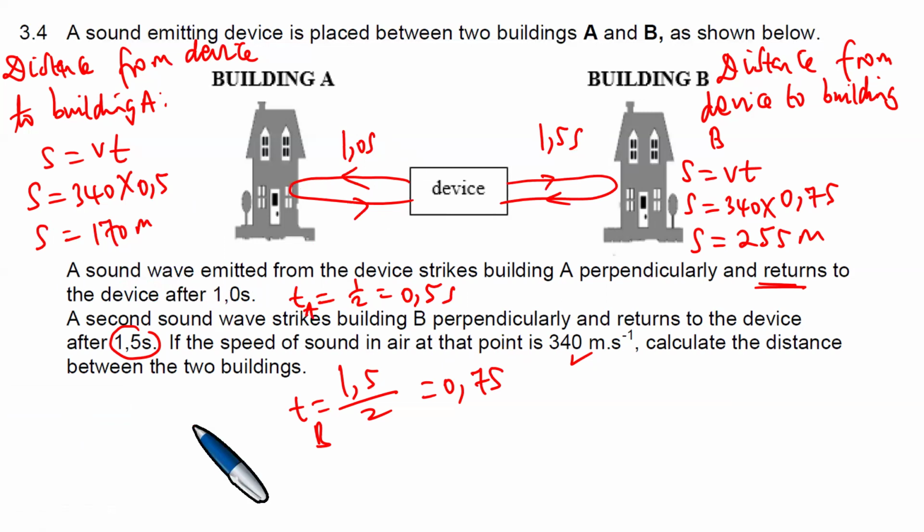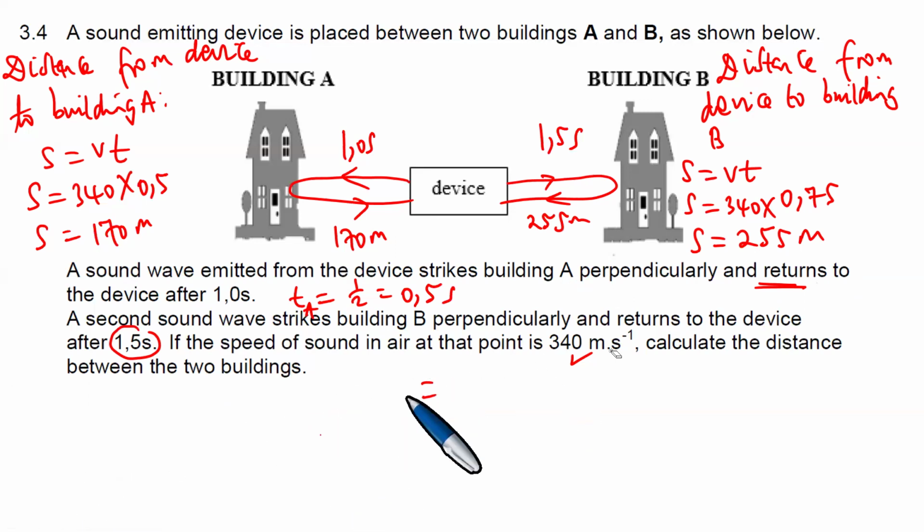So for building A, you are dealing with 170 meters, and here 255 meters. Why do we divide by 2? Because they return, so they travel twice. The device is the sound emitting device, so the sound comes from the device to A and then back.